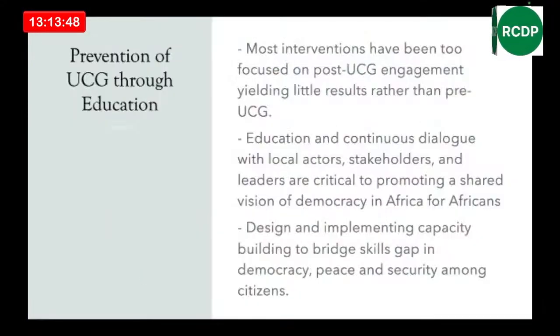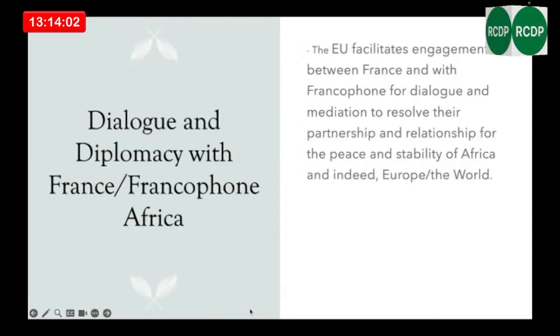We are all aware that knowledge and skills in terms of democracy, civic education often are very low within the continent. The second recommendation we harvested from this conversation from yesterday to today is actually about dialogue and diplomacy.